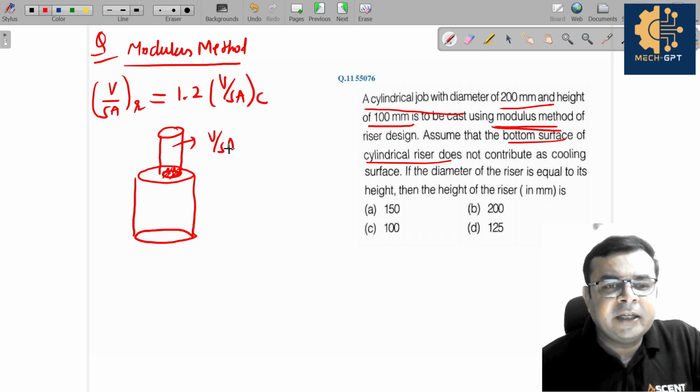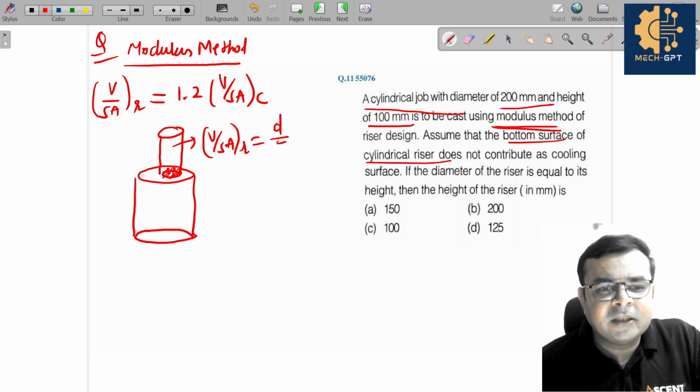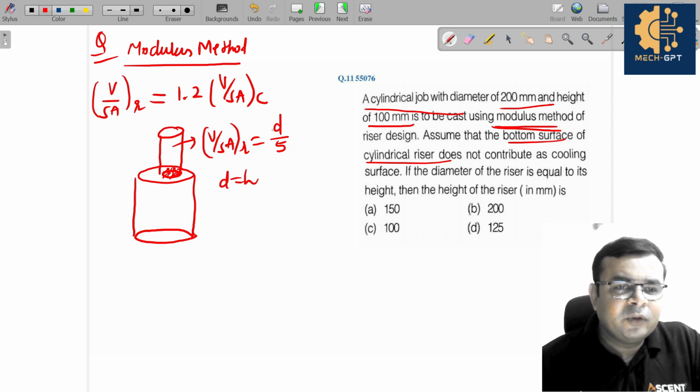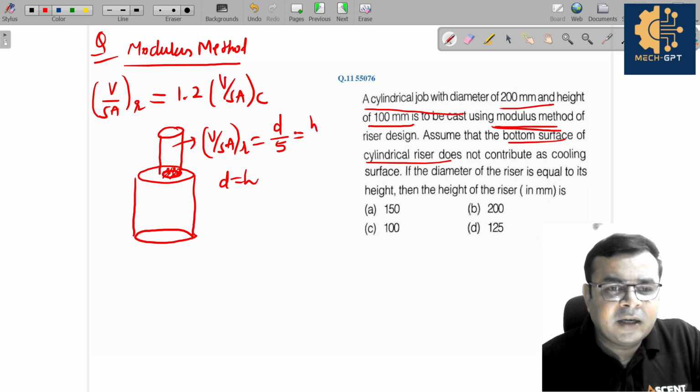So the SA/V of the riser is pi d squared by 4 plus pi d h over pi d squared by 4 times h. Yes or no? The diameter of the riser is equal to its height, which is given here.